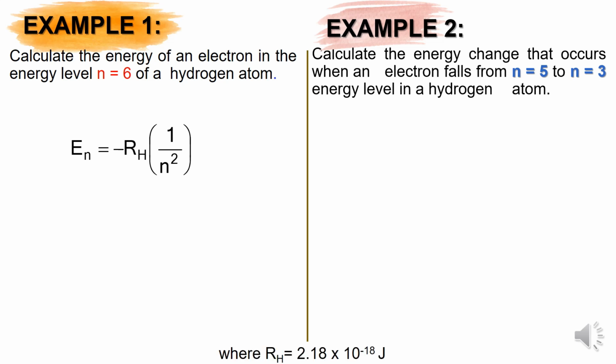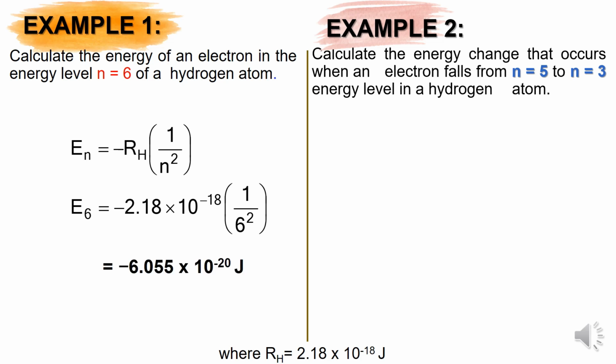So, E6 equals negative 2.18 times 10 to the power of negative 18 times 1 over 6 squared. Then we get negative 6.055 times 10 to the power of negative 20 joule.